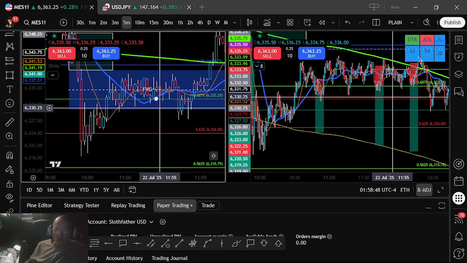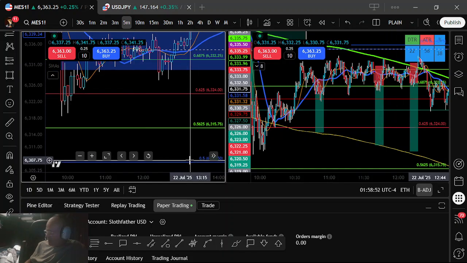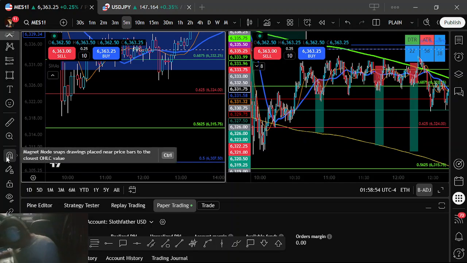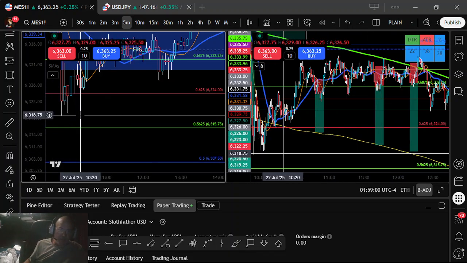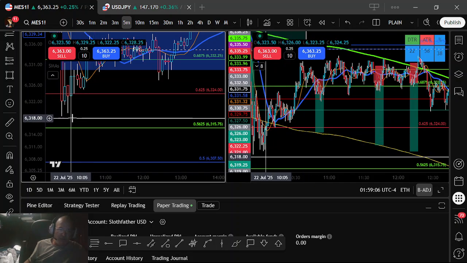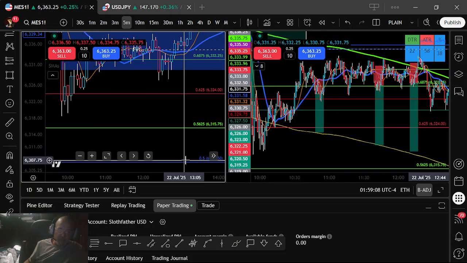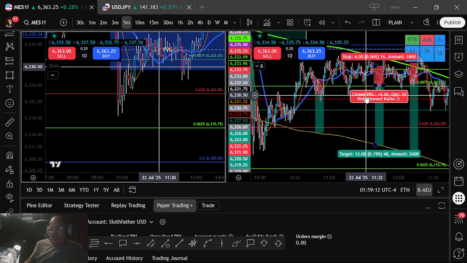And my whole goal was to get down to the 50% of the 4 hour range sometime today because we had already come down to here from the Asia session. So if we could break the Asia session, I figured we could get down to equilibrium with the 4 hour chart, right? Well, it just didn't want to do it.